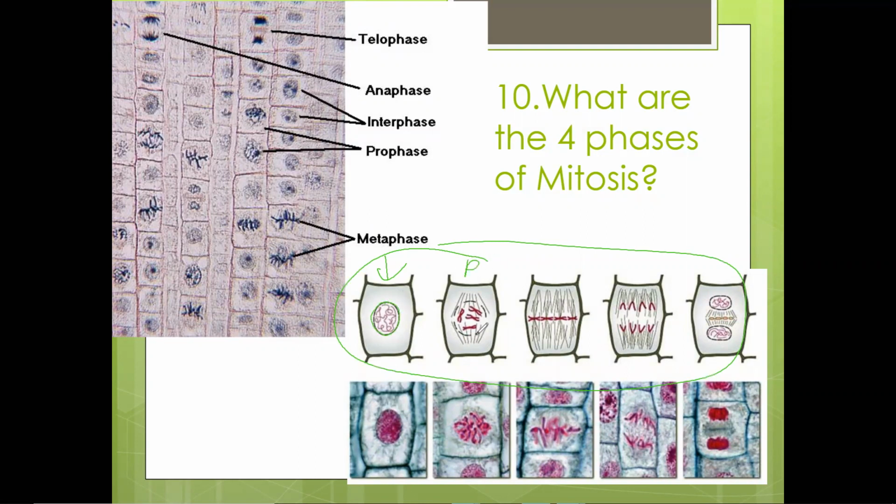This is going to be prophase, where you see the nuclear membrane start to disappear and the condensation of your chromosomes happening. This is going to be metaphase, where you see those chromosomes lining up in the middle. This is anaphase, where you see them being pulled to either end. And this is telophase, where you see those nuclear membranes start to reform and the DNA start to uncondense.